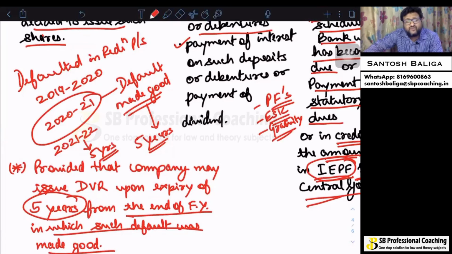So it is quite a stringent, quite strict provision over here. So the company would never want to make any such defaults. Okay, this point is clear.